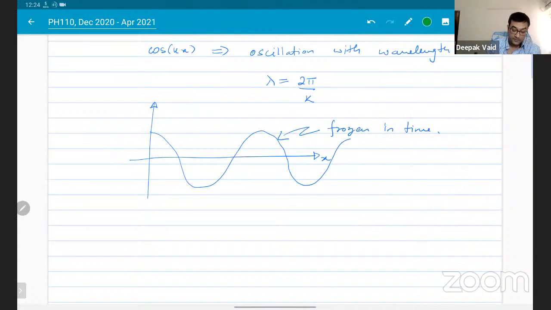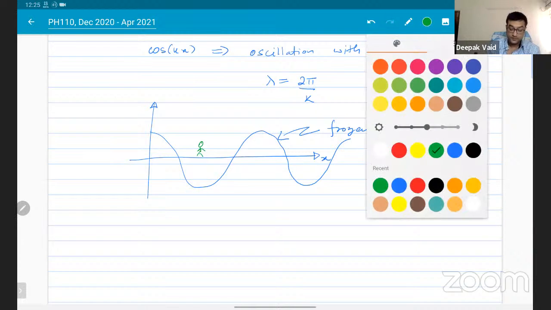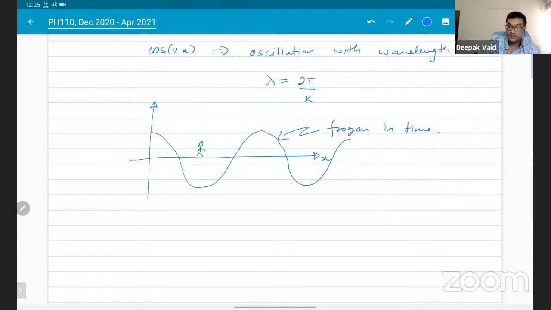What does that mean? Look, if you are an observer standing at this point, location x, what will you see? You will see the amplitude of the wave, and let's say the wave is an electric field.